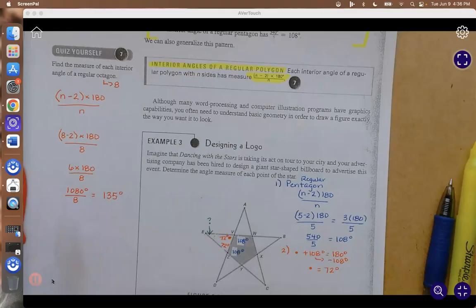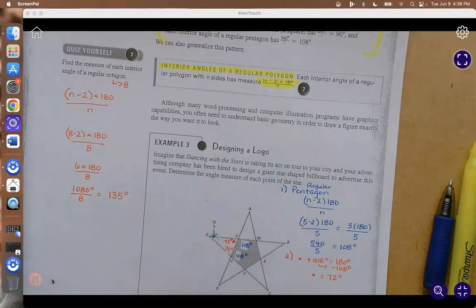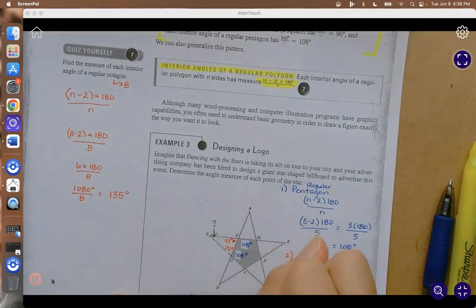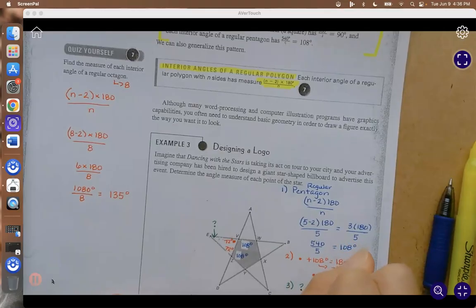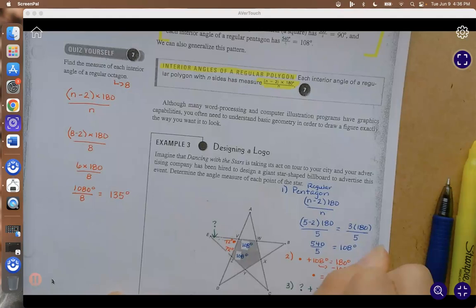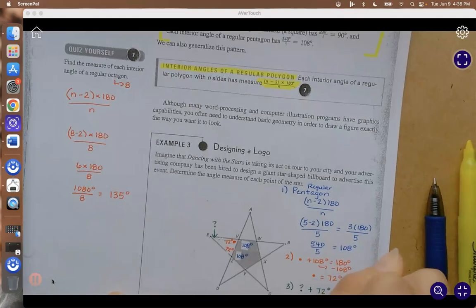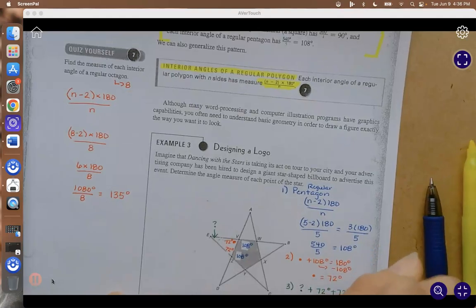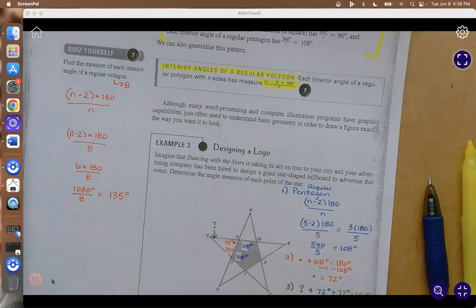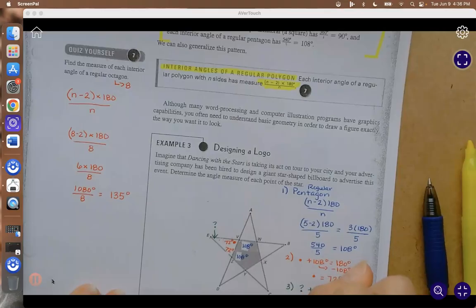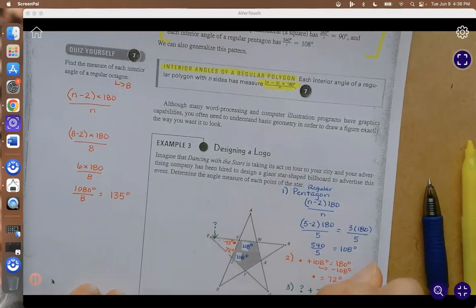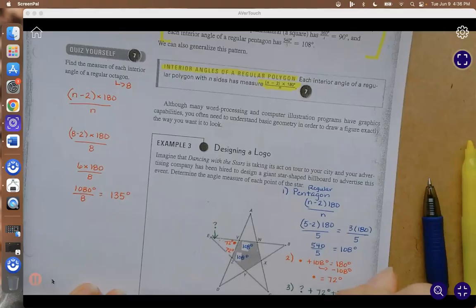Now, we need to find out what this other point is. This is a triangle, so we do that question mark plus 72 plus 72 equals 180. So this question mark plus 144 equals 180.